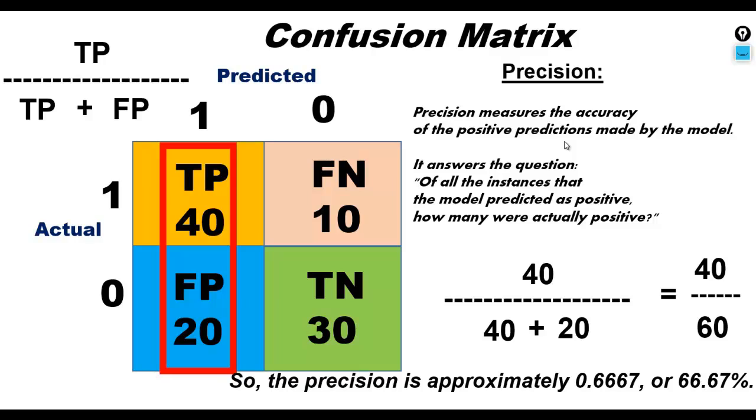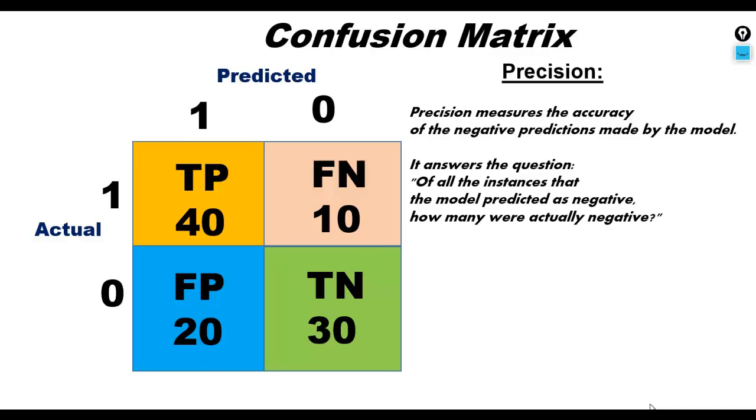We are going to calculate precision for the negative class as well. So please pause the video and try to calculate precision for the negative class. As I said, precision means out of all the predicted instances for the class, how many instances are correctly predicted. But here we are calculating precision for negative class. So how can we say the definition? Out of all instances predicted as negative, how many instances are true negatives?